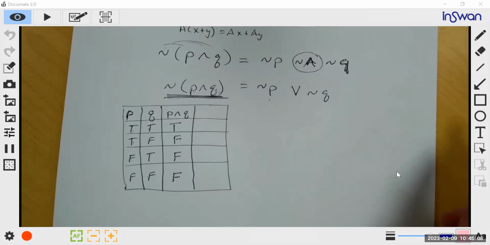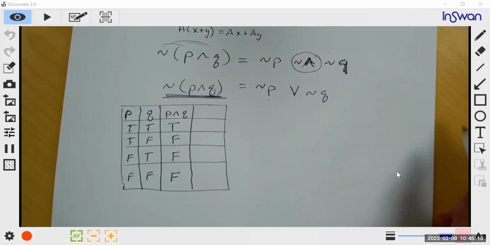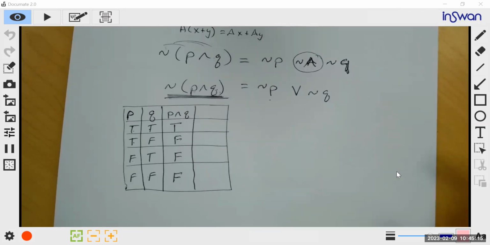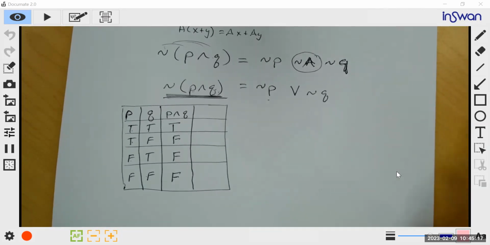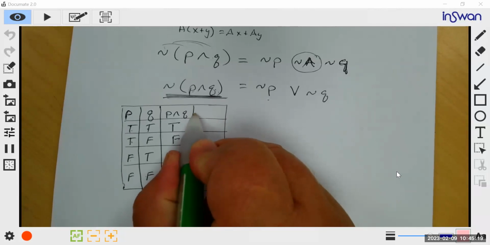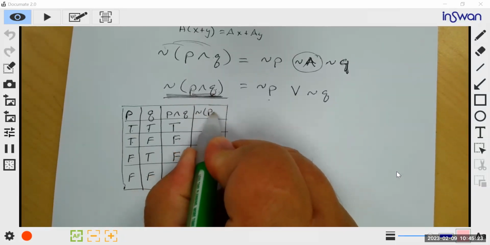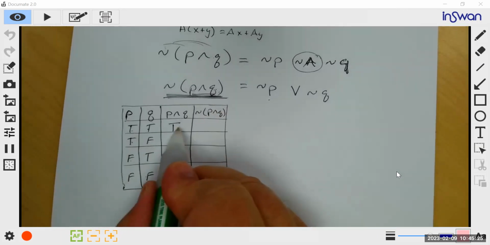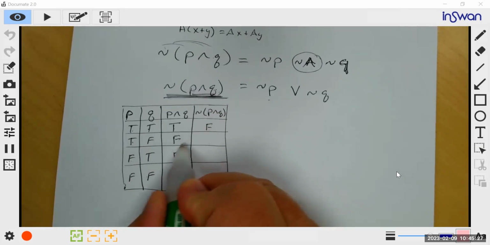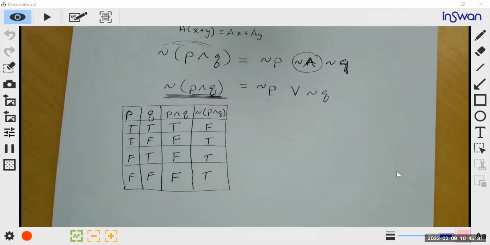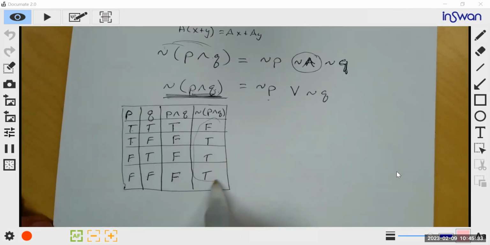Again, it's much easier after you finish this class. Do your homework to review your notes. We did this last time. The pipe, it's an and statement. Now we've got the inside done. Now we have to do the negation of it. So the opposite of true is false. False, true, true, true. So this is the truth table for this side.